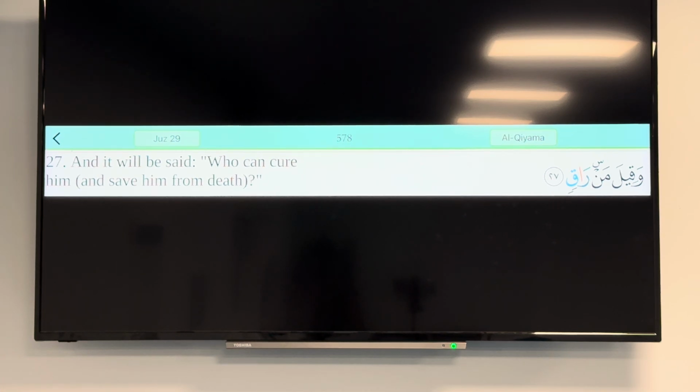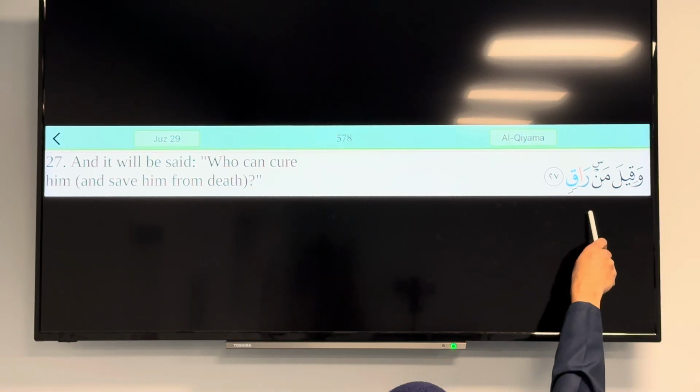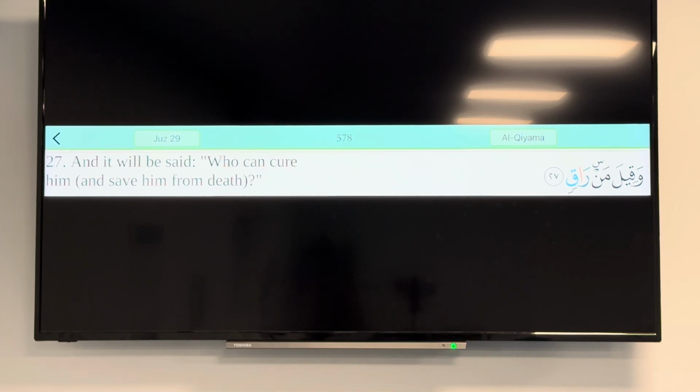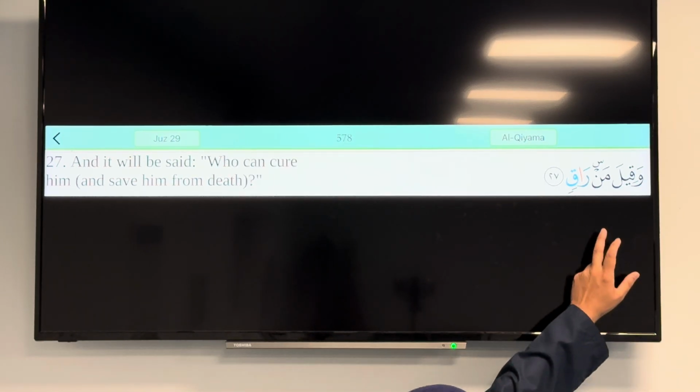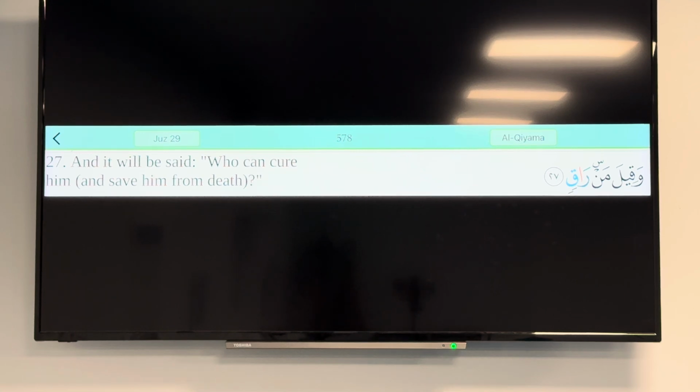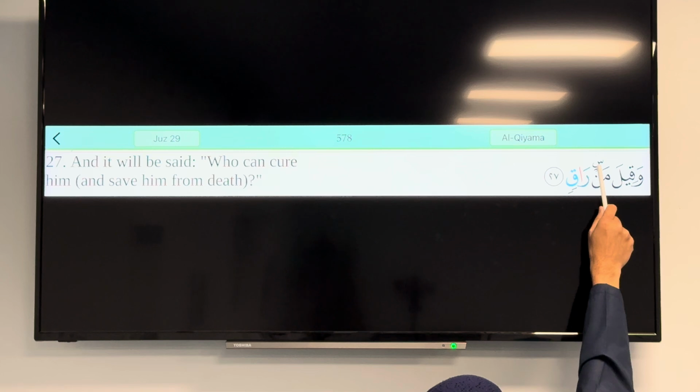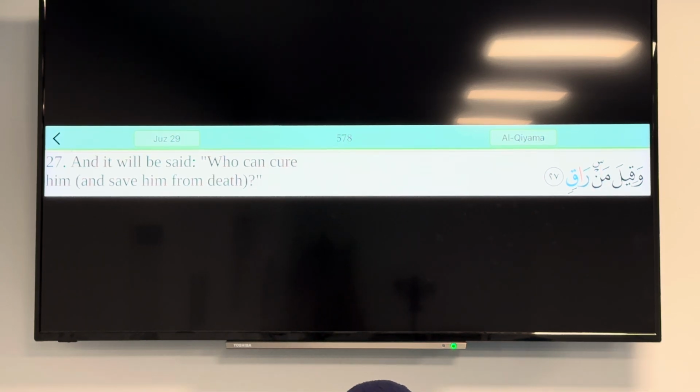أعوذ بالله من الشيطان الرجيم وقيل من راق. You see? وقيل من راق. So what I did, when I got to the letter noon here, what happened? On top of this, I can see my symbol here. Is this letter a seen?